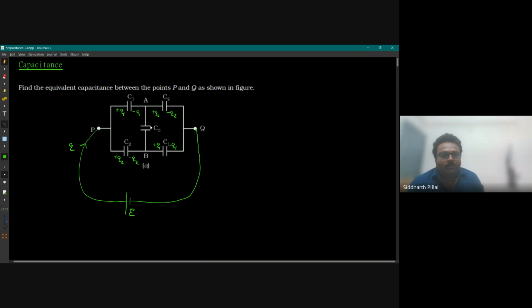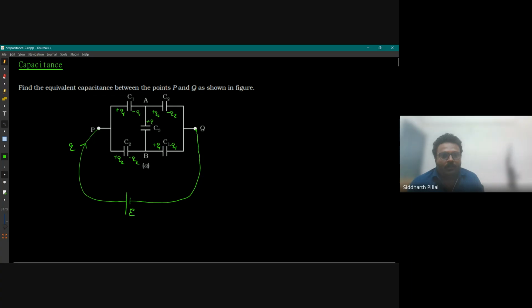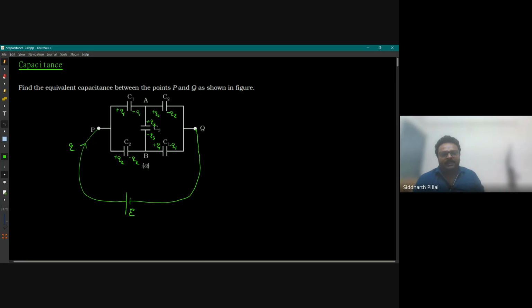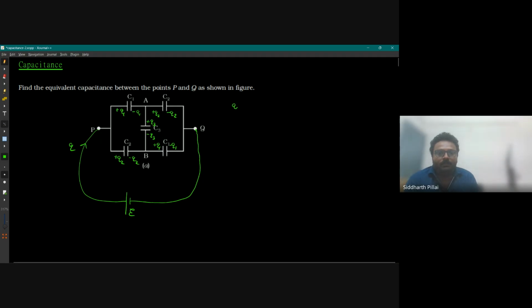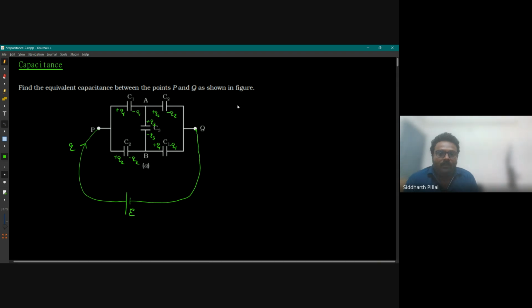Now let me assume on C3 there is some Q3 and minus Q3 on the plates of C3. First we'll apply the junction law. This charge Q gets split into Q1 and Q2, so Q equals Q1 plus Q2.